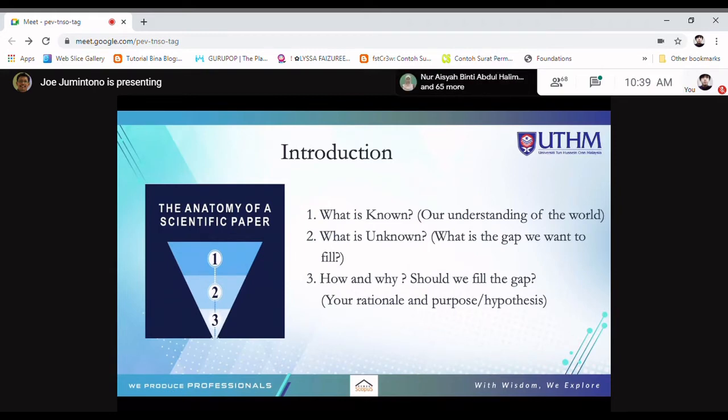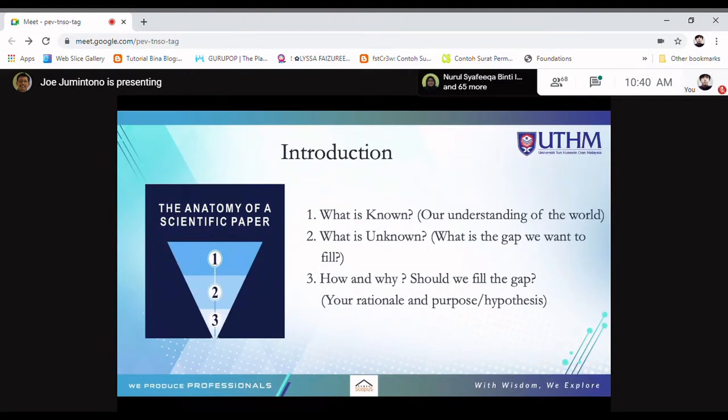What is unknown here is very useful for the writer, because if you cannot blow up the unknown in your paper, we cannot show the gap of the research. The gap of the research is very important for someone to write a paper.